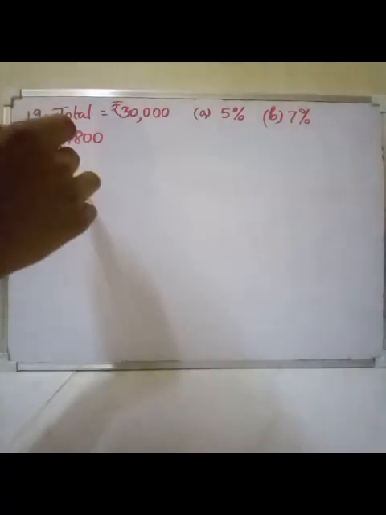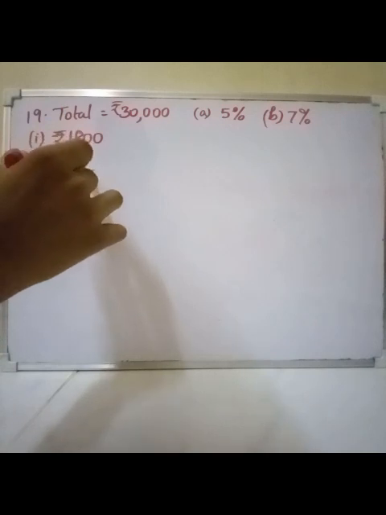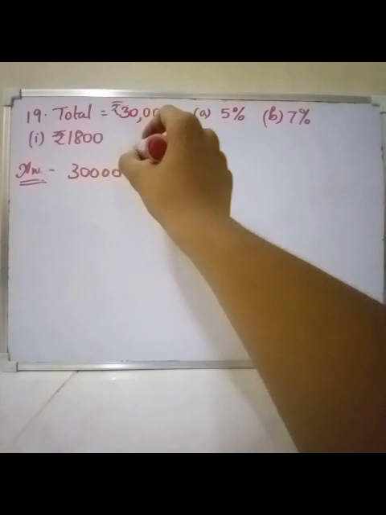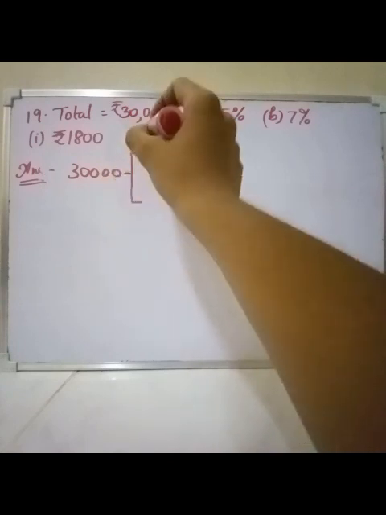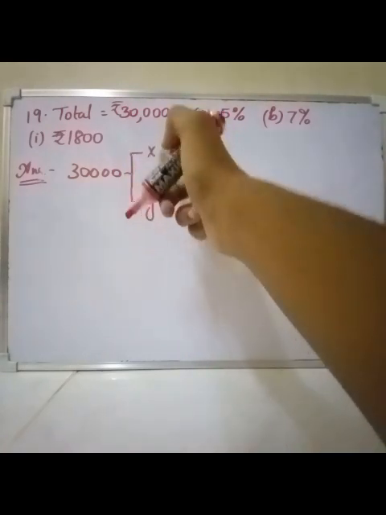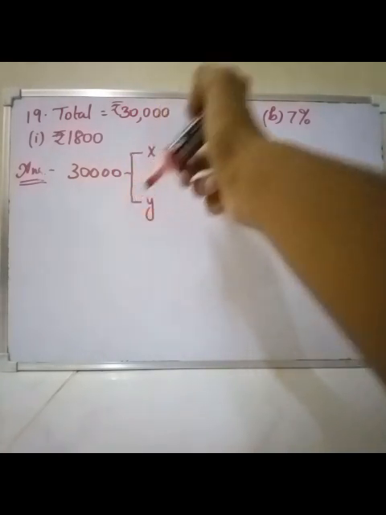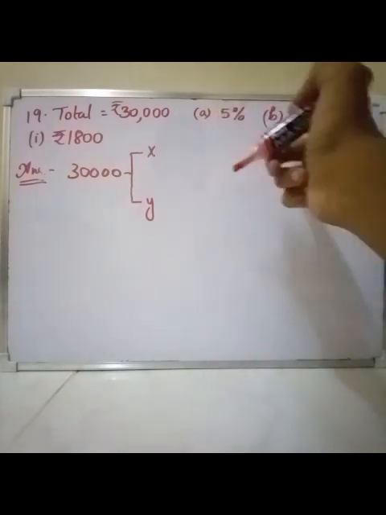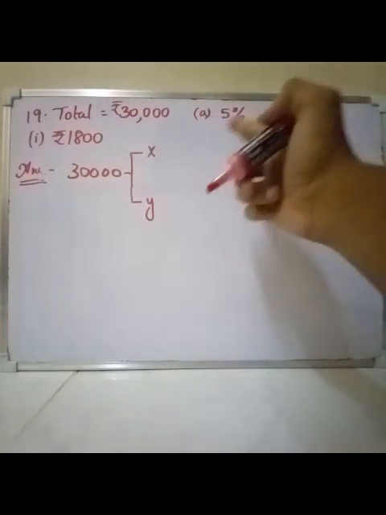So if you check for the first part of the question, rupees 30,000 has to be divided into two small amounts. Let them be X and Y. We have to find out how much is X. X is the amount that is put to 5% interest, and Y is the amount that is put to 7% interest, right?